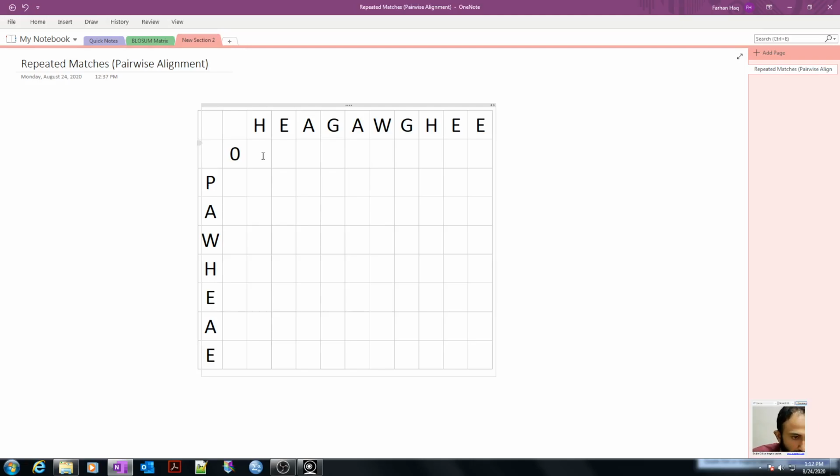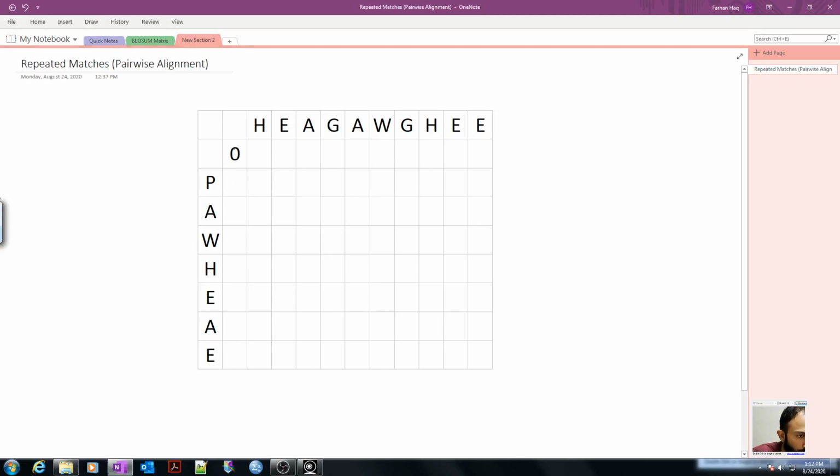So let's start from here. For example, in the first cell we have already put 0, that is for initialization. Next, we have to align P and H, and here first there is one initialization cell, so for that we initialize it by 0, and then we have to move downwards. As you know, similar to the local alignment, we add gaps when we move from up to down or left to right.